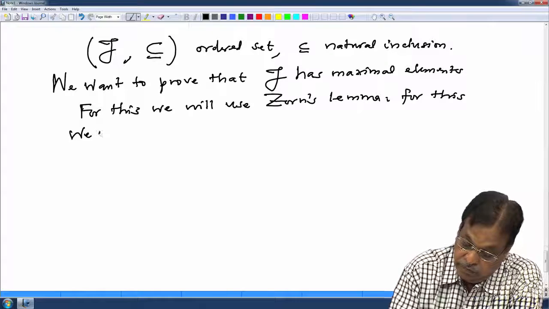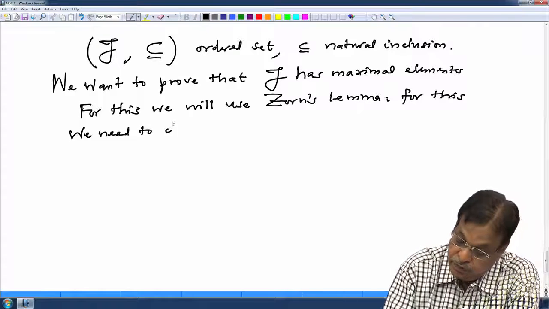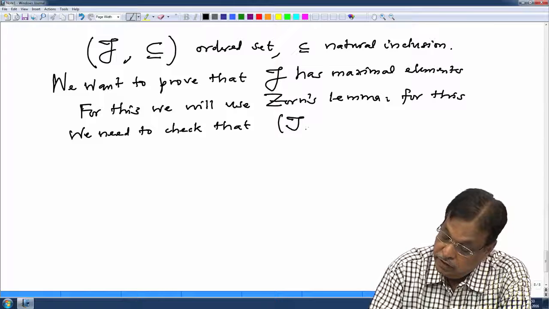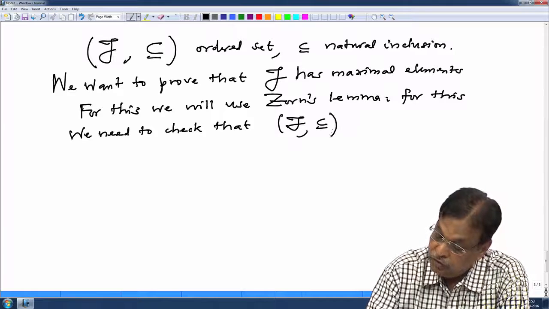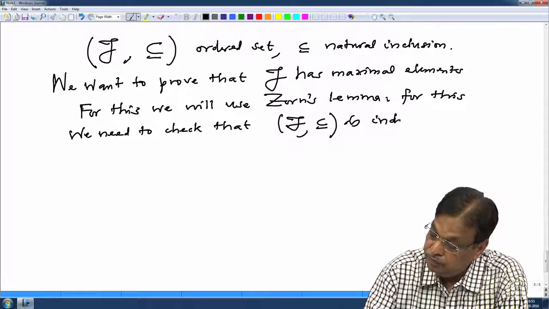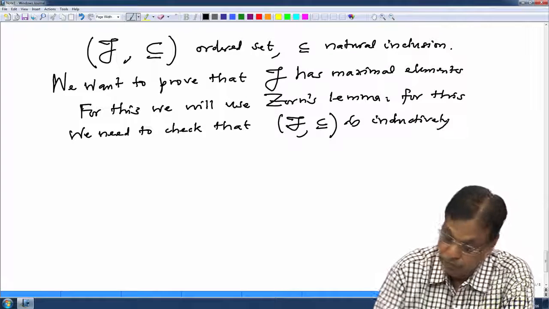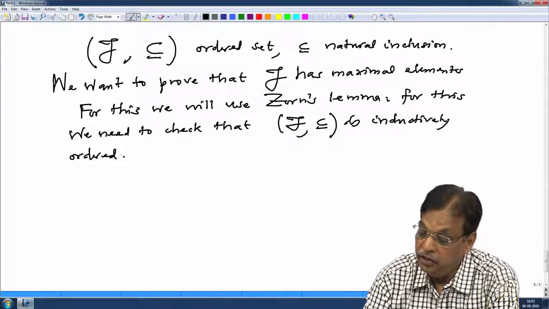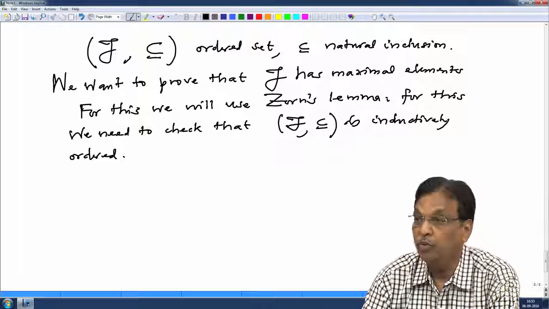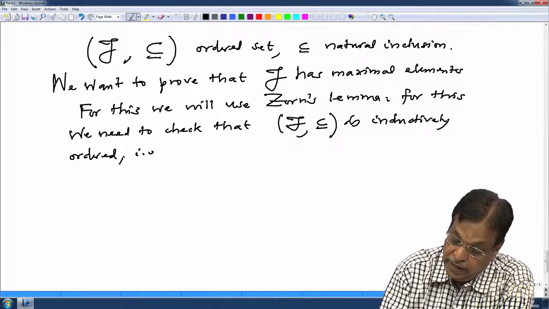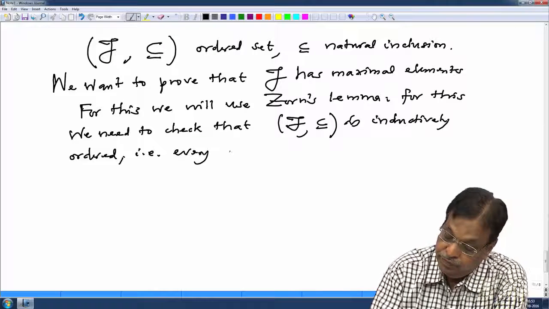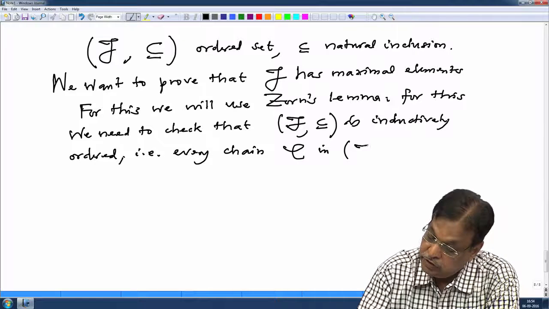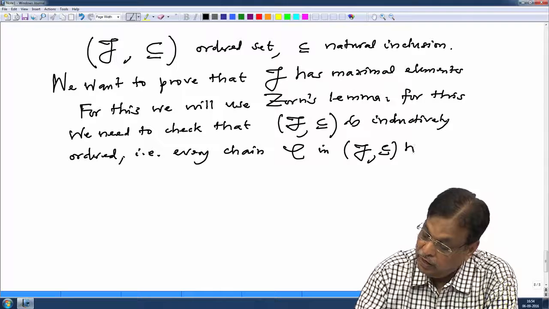We need to check that this ordered set (script J, inclusion) is inductively ordered. That means every chain in script J has an upper bound. So we want to check that every chain C in this ordered set has an upper bound.